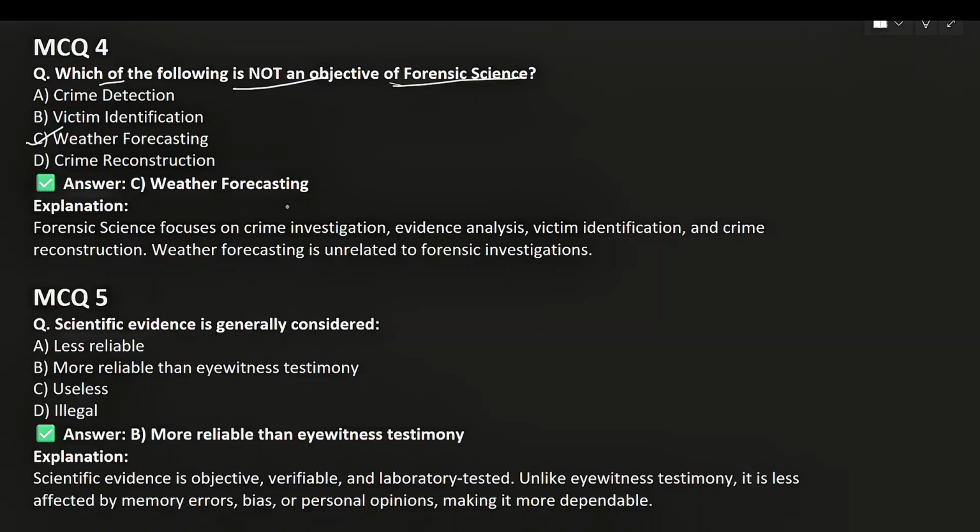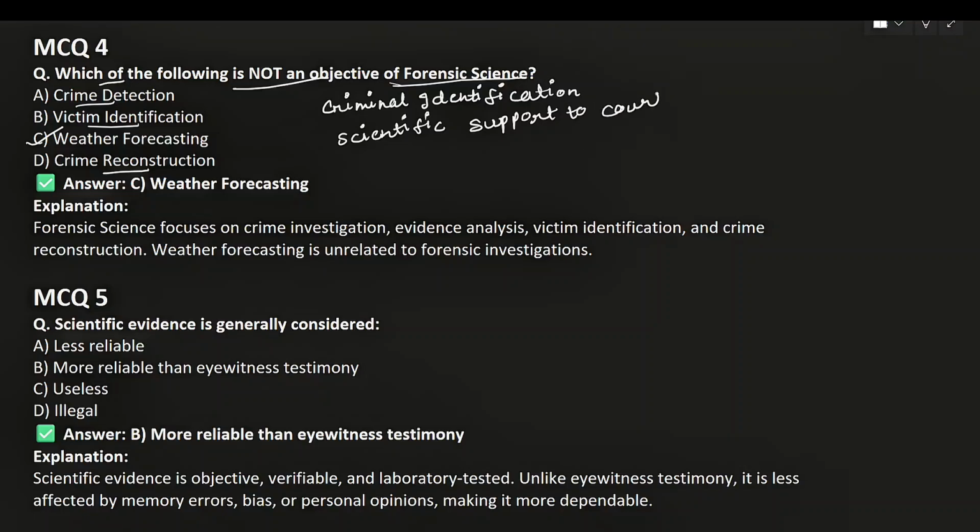For the exam, remember these five objectives: crime detection, victim identification, crime reconstruction, criminal identification, and scientific support to court. If you remember these points, you will be able to answer many objective questions correctly.